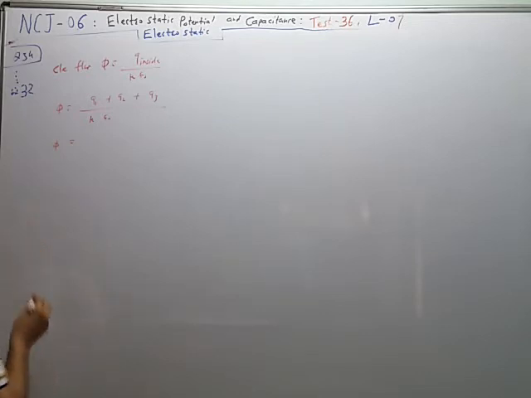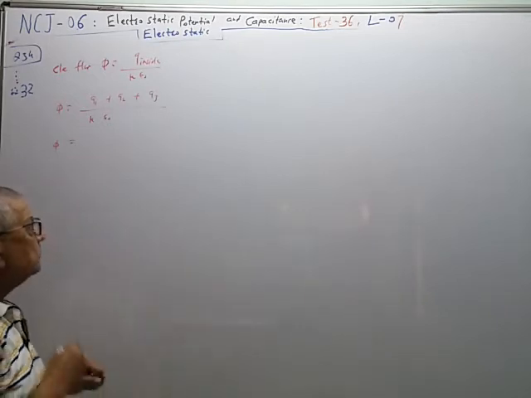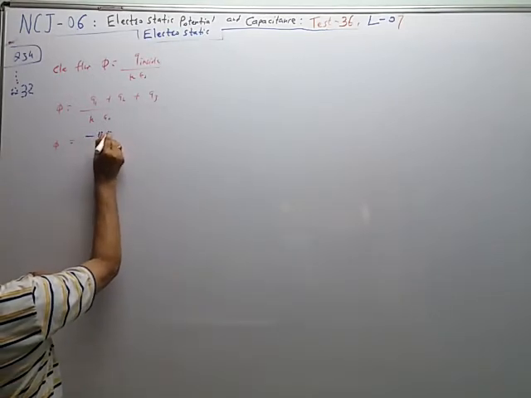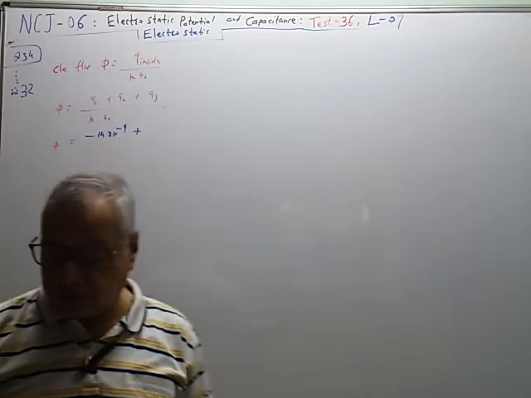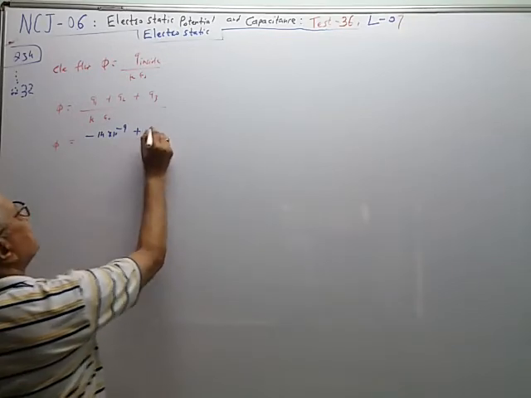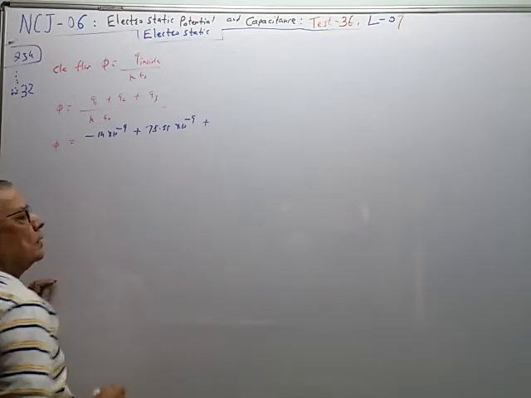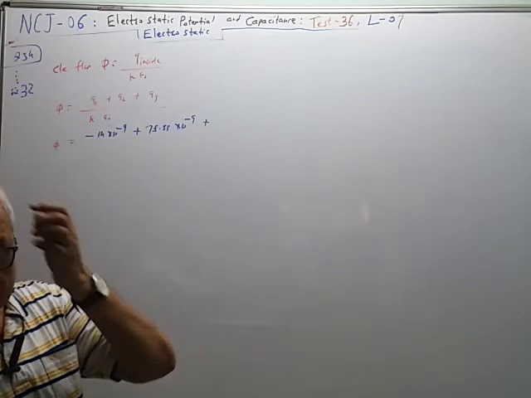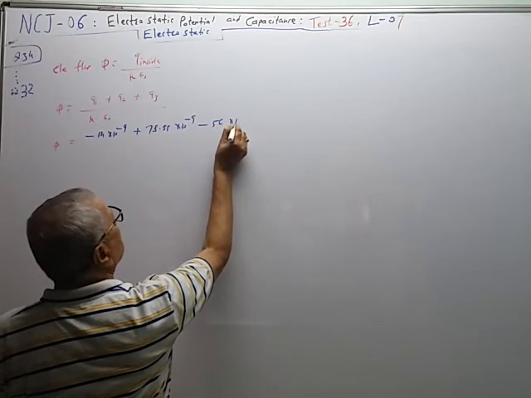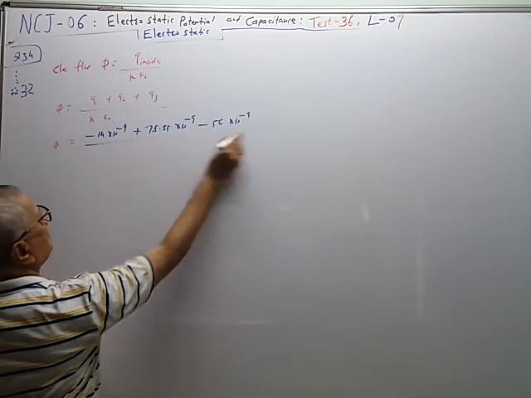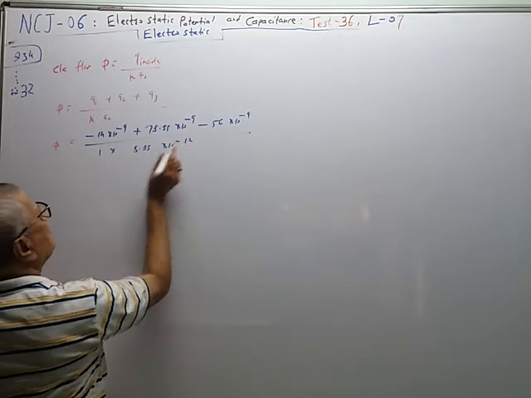Q1 is equal to minus 14 nano coulomb, so minus 14 into 10 to the power minus 9, plus 78.85 into 10 to the power minus 9 coulomb, plus, it is a negative charge, minus 56 into 10 to the power minus 9 coulomb, upon K is equal to 1 multiplied by 8.85 into 10 to the power minus 12.